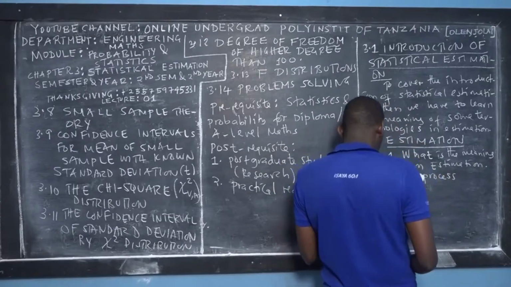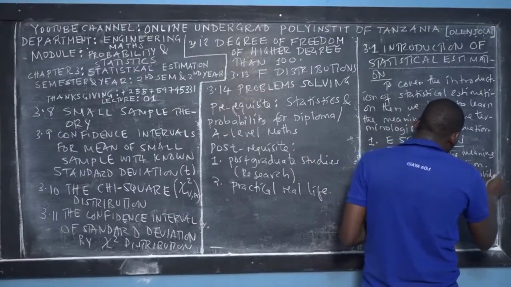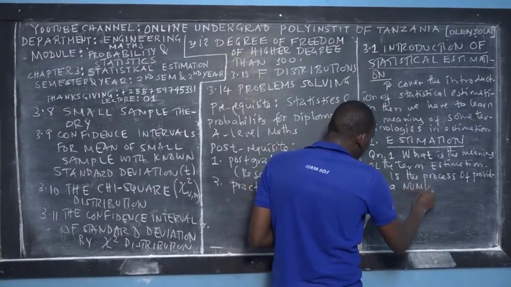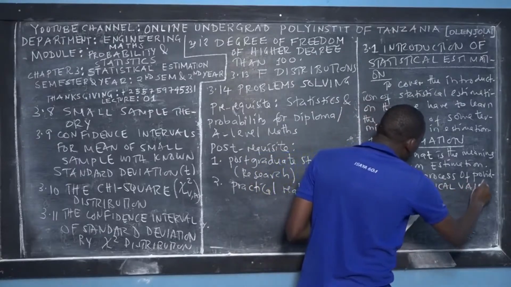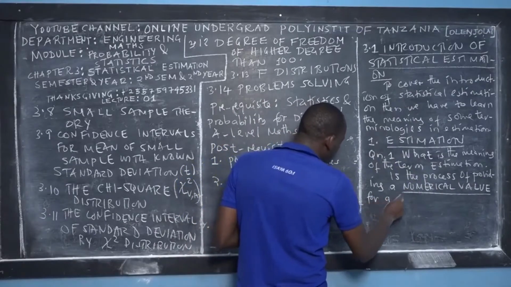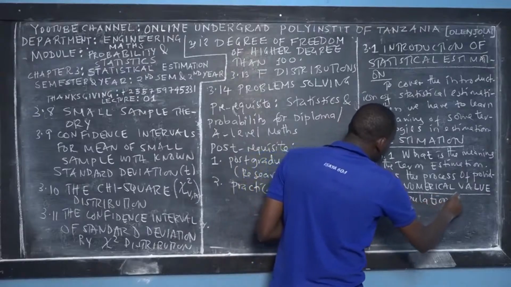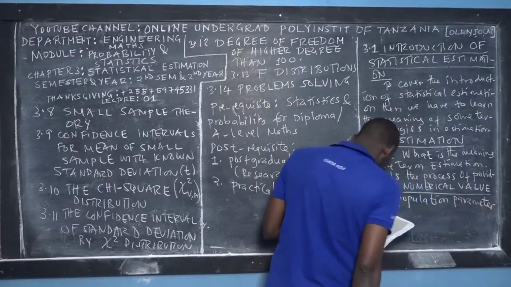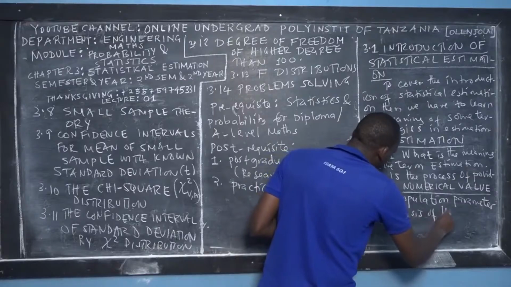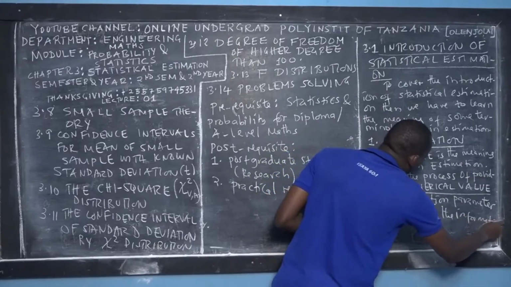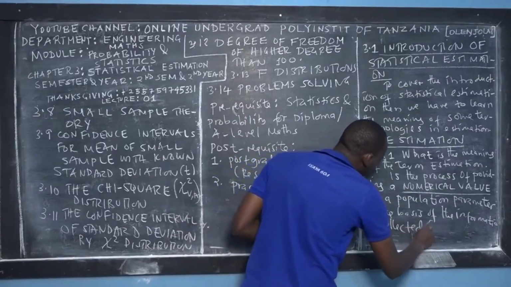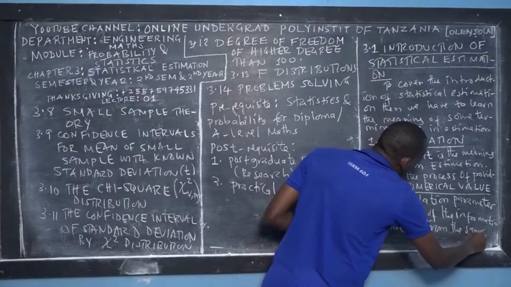We'll be following a process of providing a numerical value for a population parameter on the basis of the information collected from the sample. So this is one of the definitions.